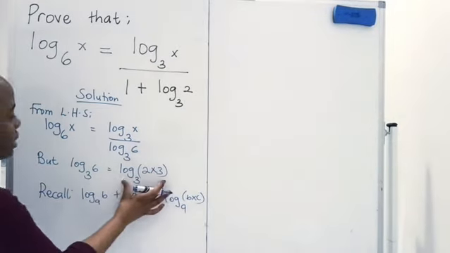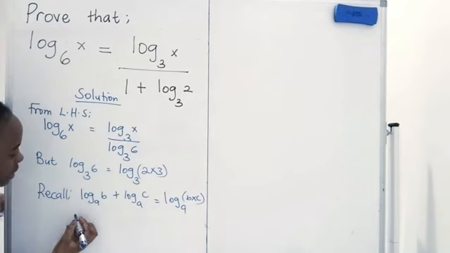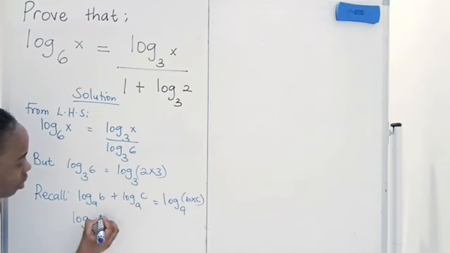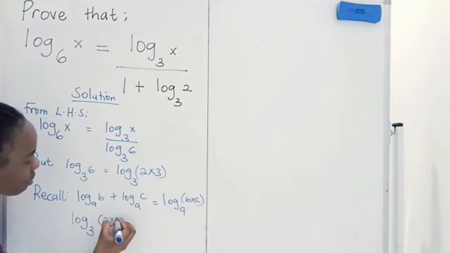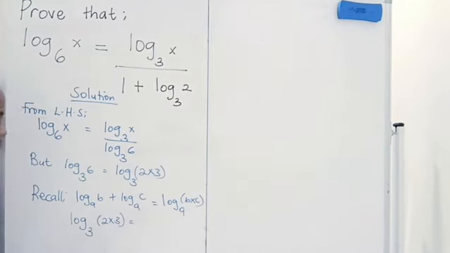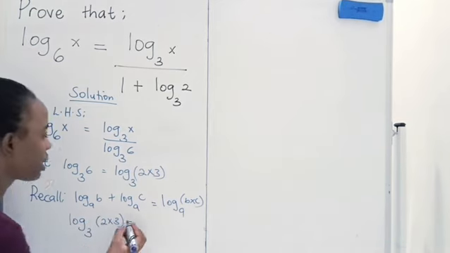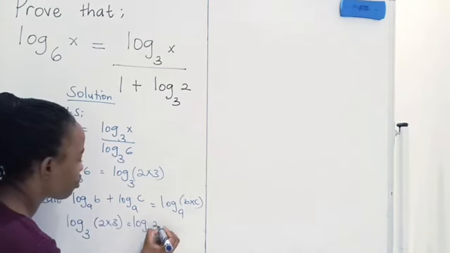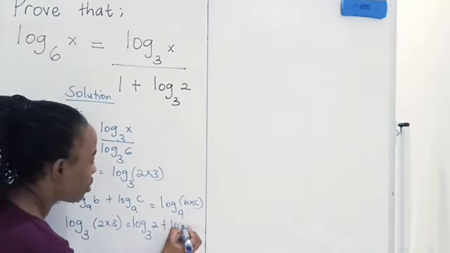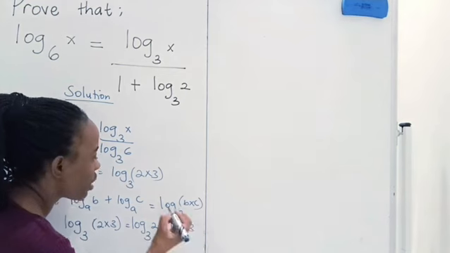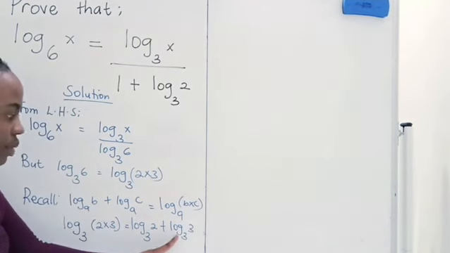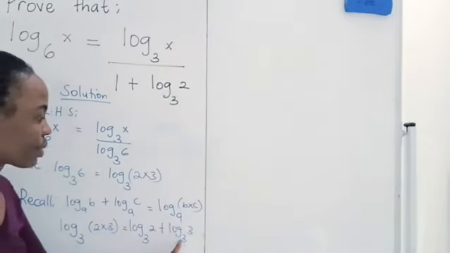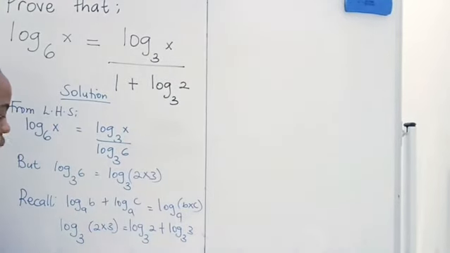So this is the law that I'm going to apply here. Let me rewrite this one. I will say log 3 of 2 multiplied by 3. We shall rewrite it like log 3 of 2 plus log 3 of 3. Okay? We also know that log a of a is 1. So log 3 of 3 is going to be 1.